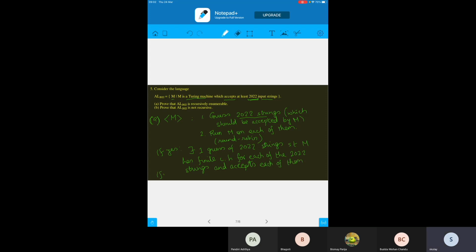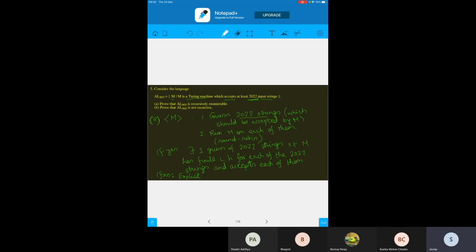So if no, then if M is not such a Turing machine, it is possible that some of the guesses will lead to explicit no's. Suppose in finite computation history, M decides that some of these 2022 strings are not accepted.